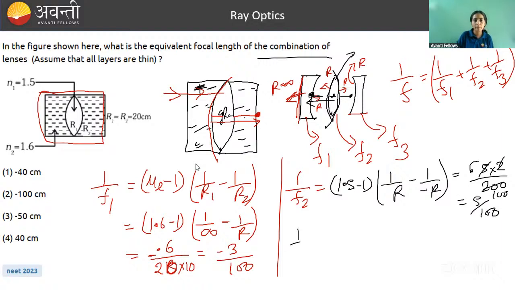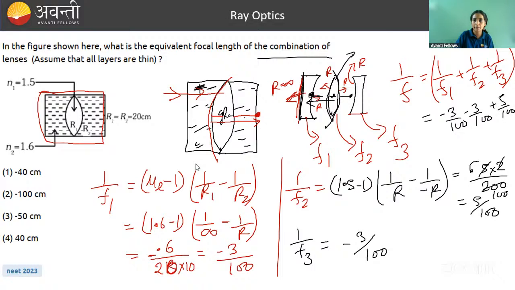Then what will be 1 by f3? That will be the same as the first lens, because both are the same lenses, both will have the same focal length. Minus 3 by 100. Now what will be the answer? We have to do 1 by f1 plus 1 by f2 plus 1 by f3. 1 by f1 plus 1 by f3 is minus 3 by 100 minus 3 by 100, and 1 by f2 is 5 by 100.